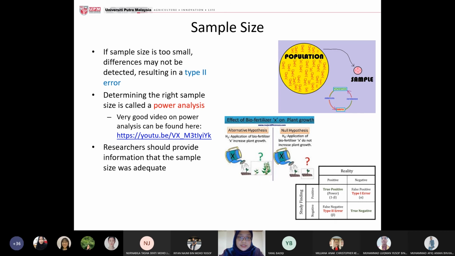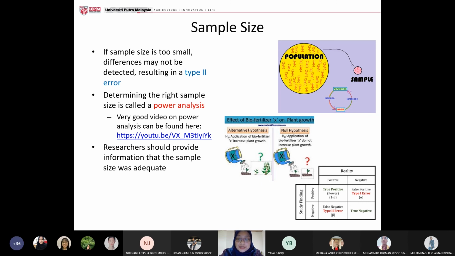To make it easier, you can look at this example: effect of biofertilizer on plant growth. Okay, I hope it's a very simple example. So the null hypothesis is the fertilizer doesn't do anything to the plant growth. And your alternative hypothesis is applying the fertilizer will increase the plant growth. But if you have very small samples, it may happen.